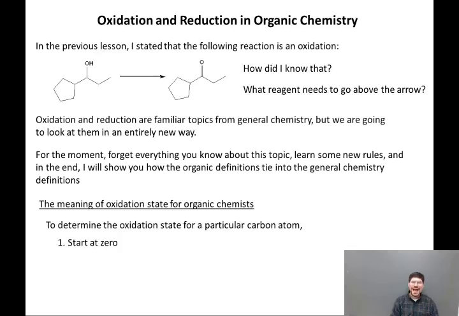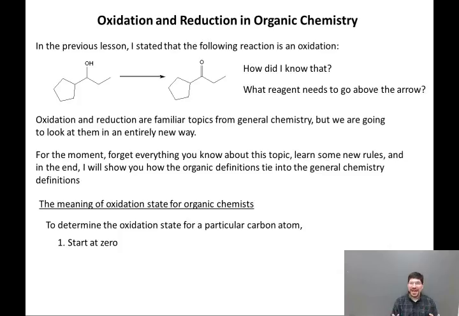What we have to do in this lesson is consider what organic chemists mean when we talk about oxidation states. So we have to fundamentally figure out how to assign an oxidation state to a particular carbon atom. Since this is a case in which our carbon atoms are participating in covalent bonds, you start at 0.